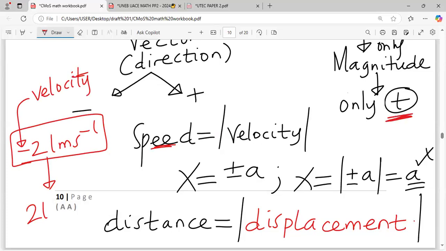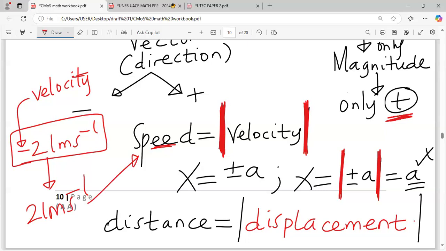So you simply get the magnitude, because you very well know that these bars, the ones I'm shading in red, are bars that represent magnitude. Whether it is a negative or a positive, their role is to maintain a positive. If it is a negative, they cancel it and make it a positive. Hope I'm clear. So the 21 shall be the speed.